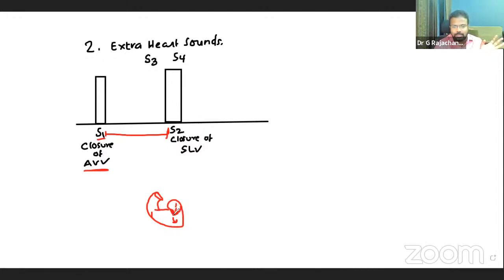That means when the mitral valve is closing, that is indicating end of diastole. I hope you understood this. Mitral valve, when it closes, the diastole is over. That means S1 is not only indicating the end of the diastole, but it is also indicating one more interesting thing, that is the beginning of systole.